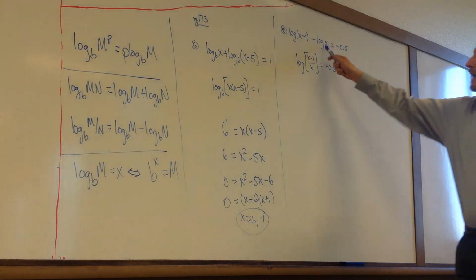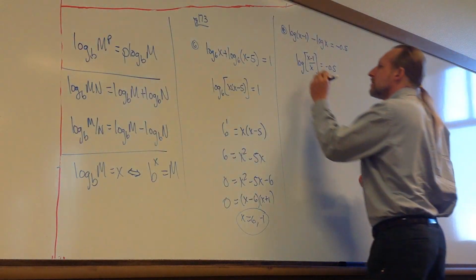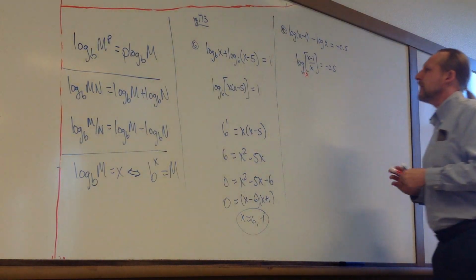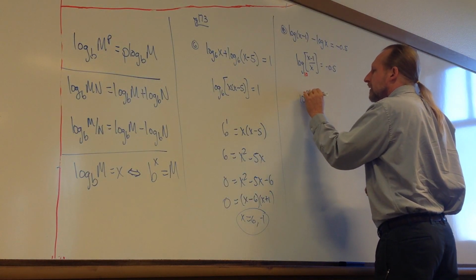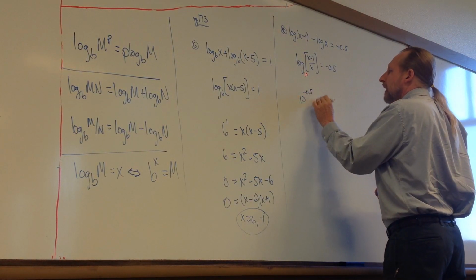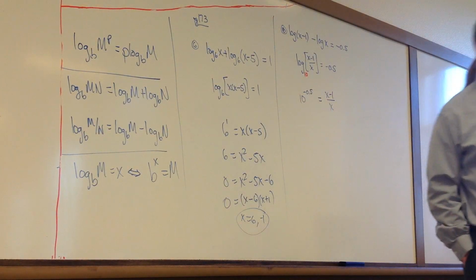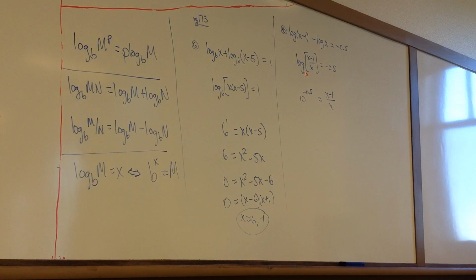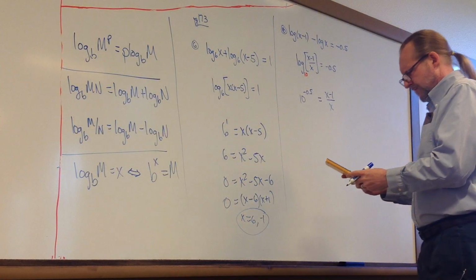Now notice that we don't have a base for this problem. That means this is base 10, log to the base 10. So if we want to rewrite this, we'll say 10 to the negative 0.5 power equals x minus 1 over x. So let's get a good approximation for that 10 to the negative 0.5 power.